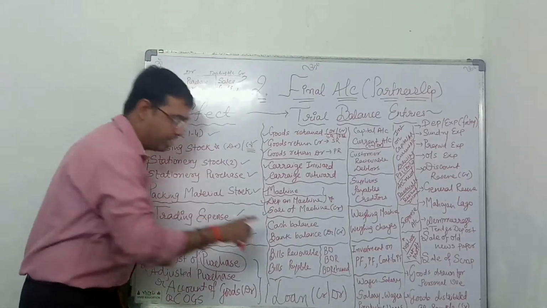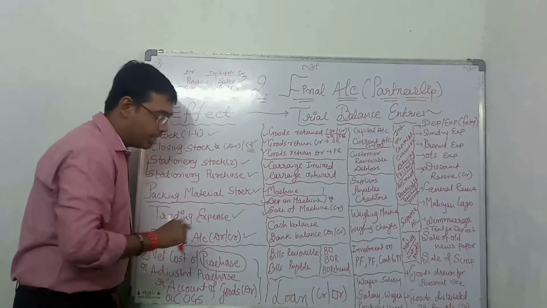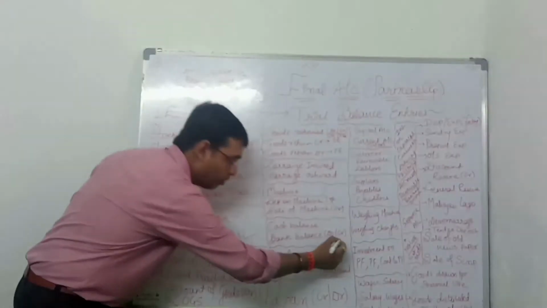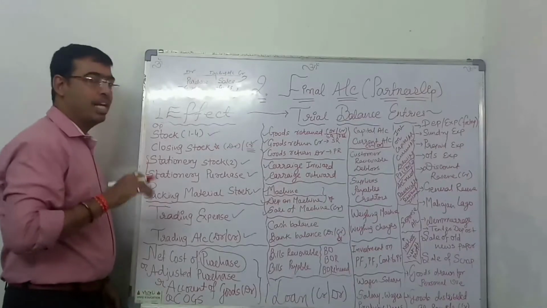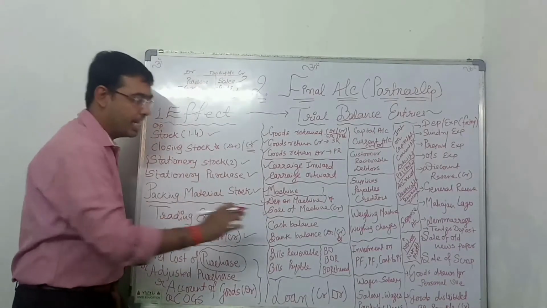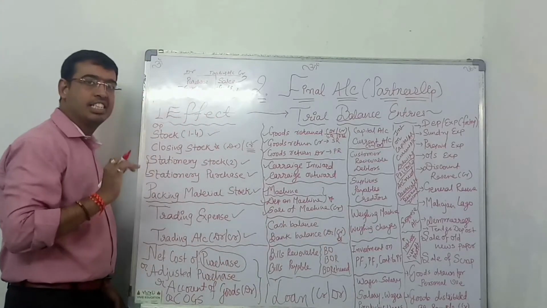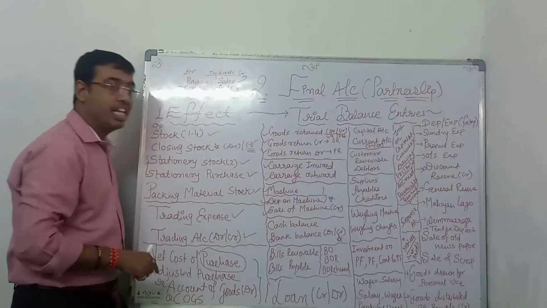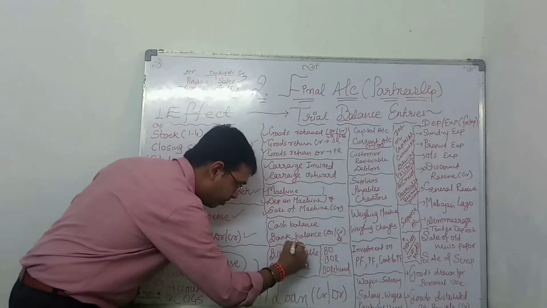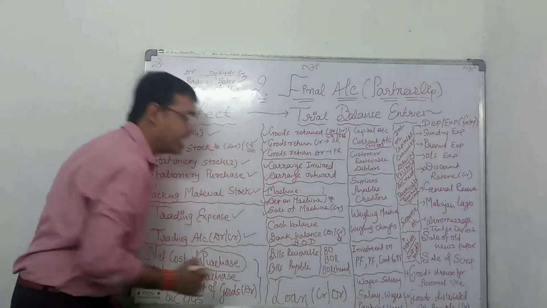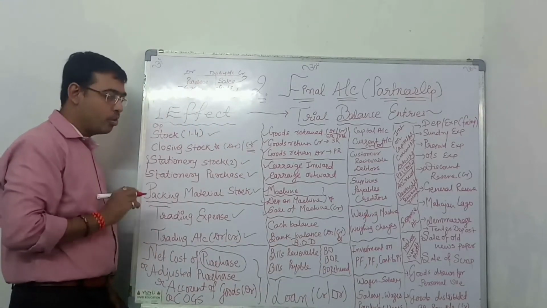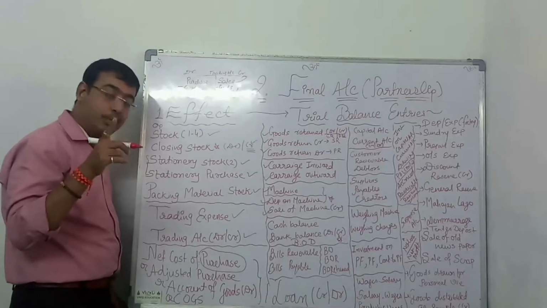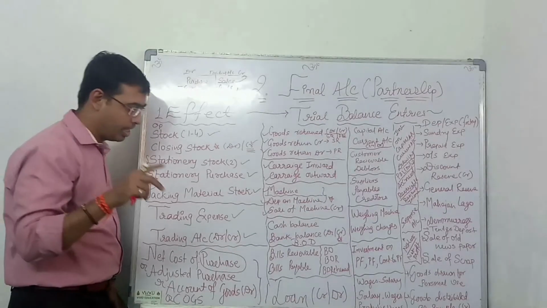If bank balance is given on the debit side, you have to treat this as an asset. But whenever only the phrase bank balance is written and it is given on the credit side, you have to understand that it is not bank balance, it is your bank overdraft. And bank overdraft is your liability. That's why you will write it on the liability side. Clear, beta ji?